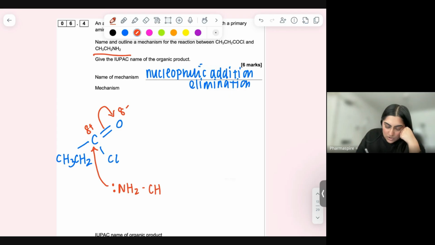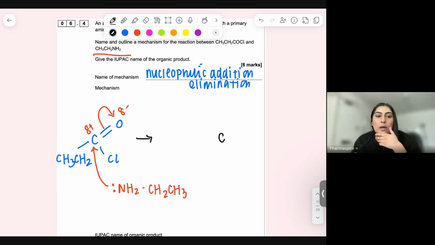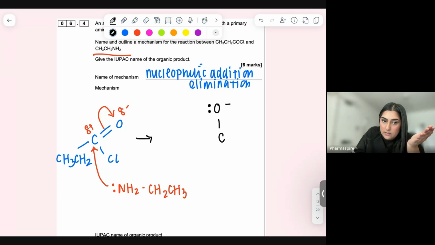So you have CH2, CH3. That's done. Cool. So then the intermediate. What's going to happen to my carbonyl group? Will it still be a double bond? What do I need to make sure I have on my oxygen? Yeah, a single oxygen bond with a lone pair and a negative charge, okay? Then Cl hasn't gone yet, but it's going to go in a sec. CH3, CH2.